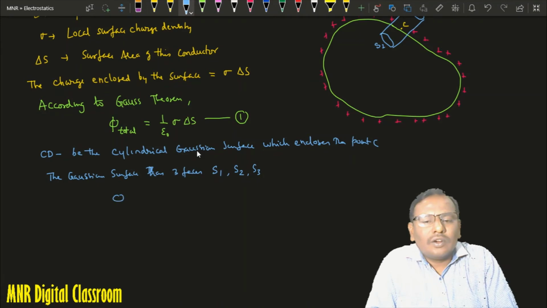Therefore, the total flux emerging out of this Gaussian surface is equal to the flux emerging out of the first surface plus the flux emerging out of the second surface plus the flux emerging out of the third surface.